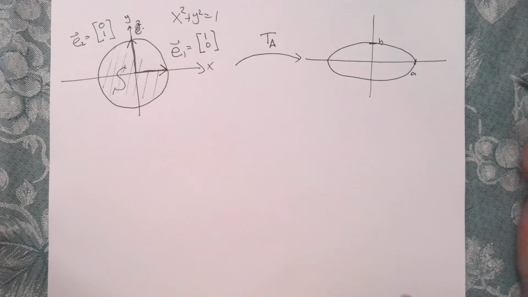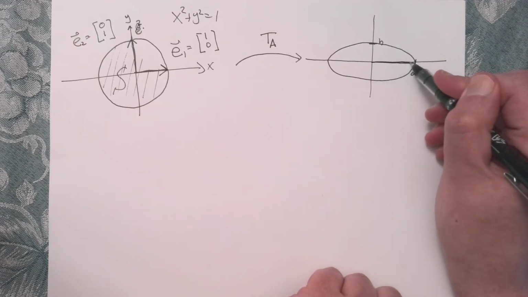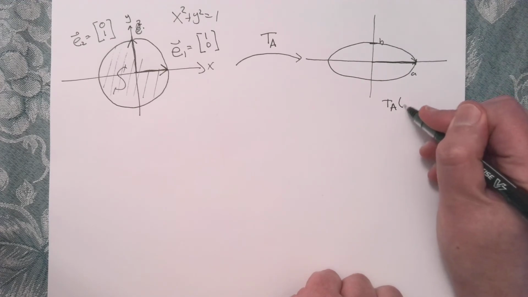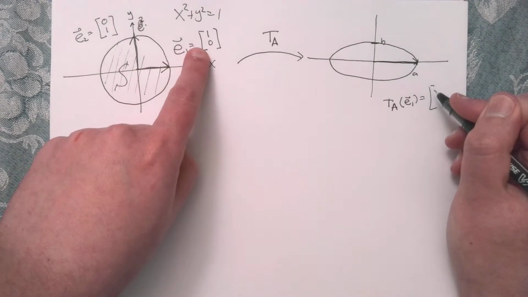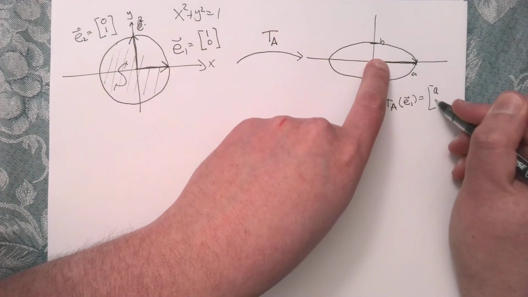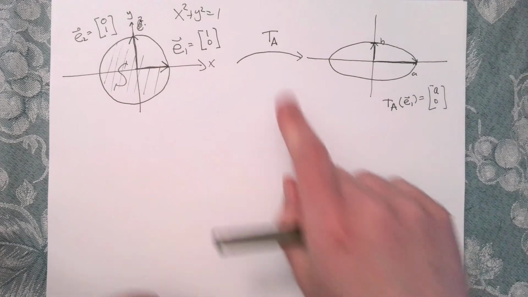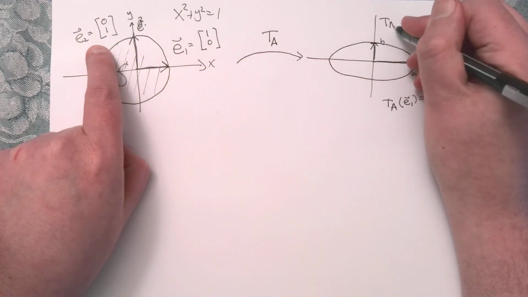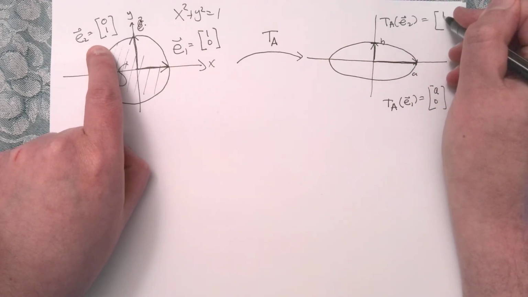And so if we want to write the matrix for the transformation, we just need to note the image, or what happened to the basis, right? So this is exactly the transformation applied to e1, and that brought us from here to here, which is (a, 0). And then right here, this is the transformation applied to e2, and that brought us to (0, b).